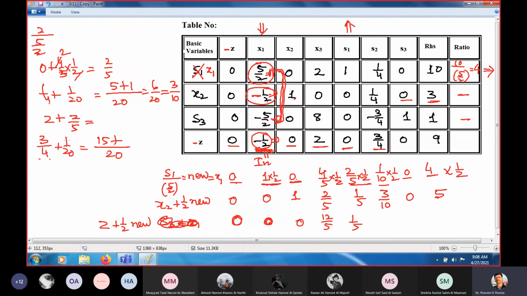Plus 20 divided by 20 is 1, 1 into 1 is 1. 16 upon 20. Divide by 4. 16 divided by 4 is 4, 20 divided by 4 is 5. So it is 4 upon 5. And now 0 plus 0, it is 0. 9 plus 4 multiplied by 1 upon 2, 9 plus 2 is 11. 0, 0, 1, 12 by 5.